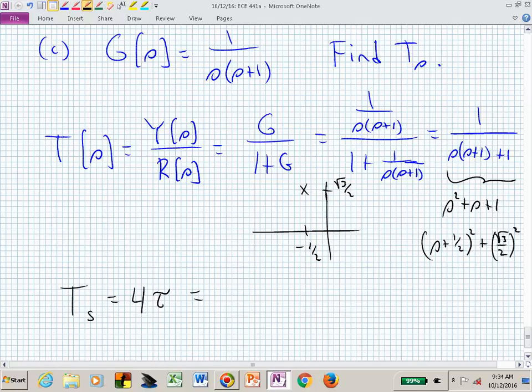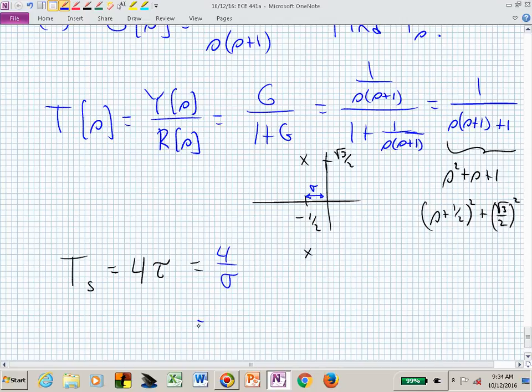What's sigma if it's now this distance, isn't it? This is now our sigma. Is that clear from those poles? So we now have 4 over sigma, and sigma now was 1/2. Our settling time is 8 seconds. What?